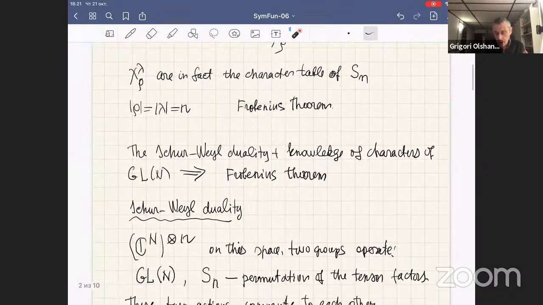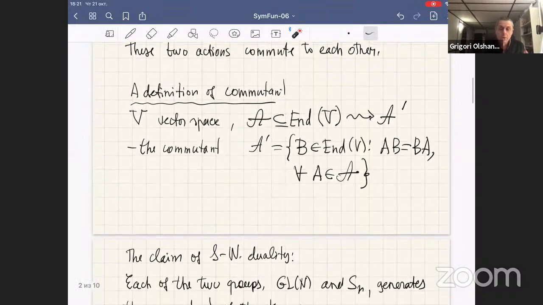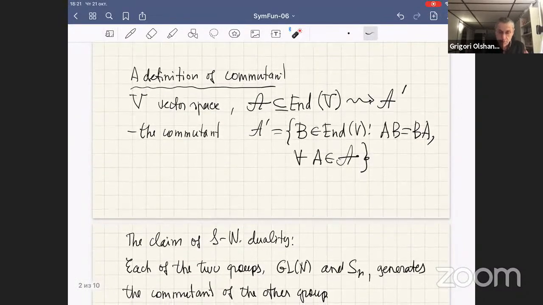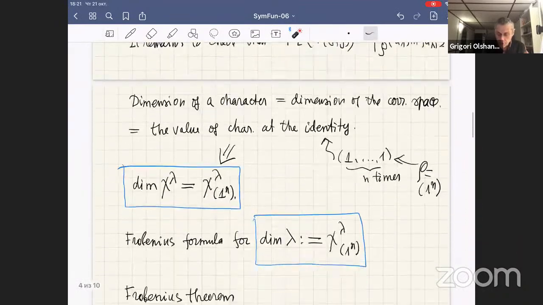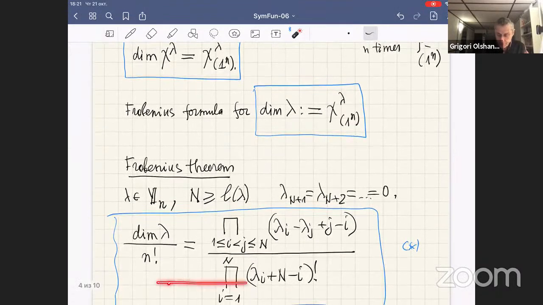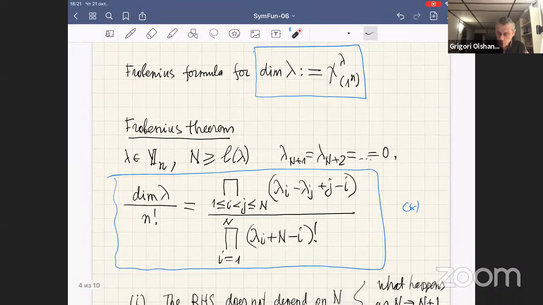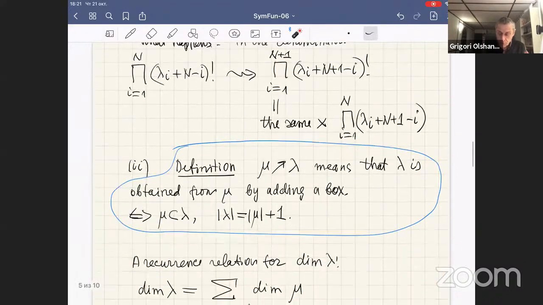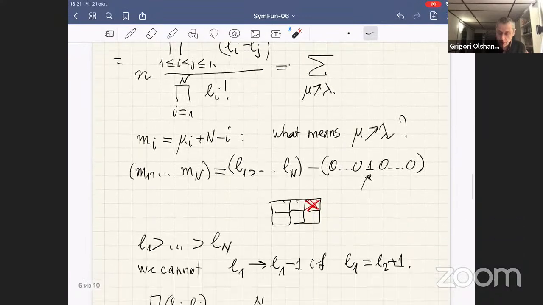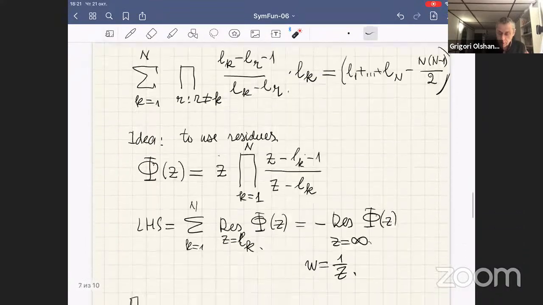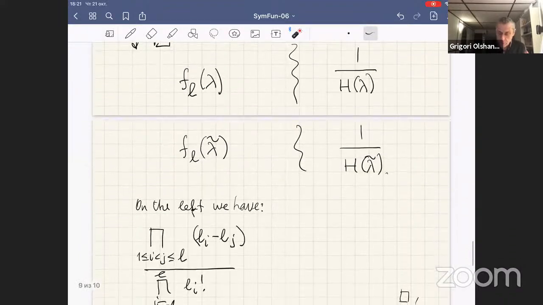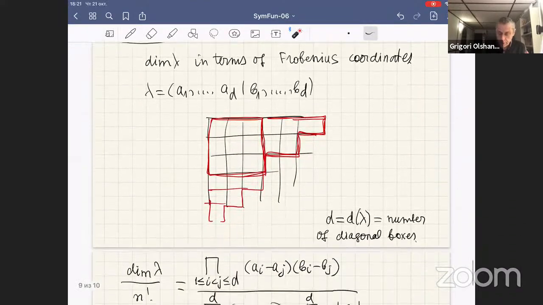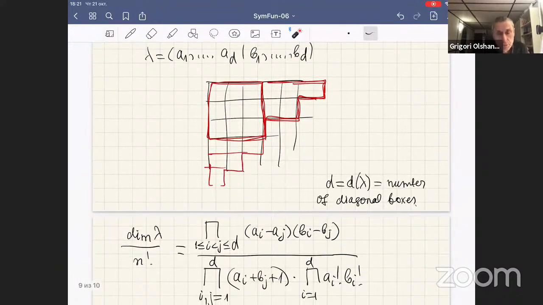And then I deduced from it three different expressions for the dimension. One is the Frobenius formula, this one. Next, the Hooke formula in terms of Hooke length, and finally, this similar expression in terms of the Frobenius coordinates.